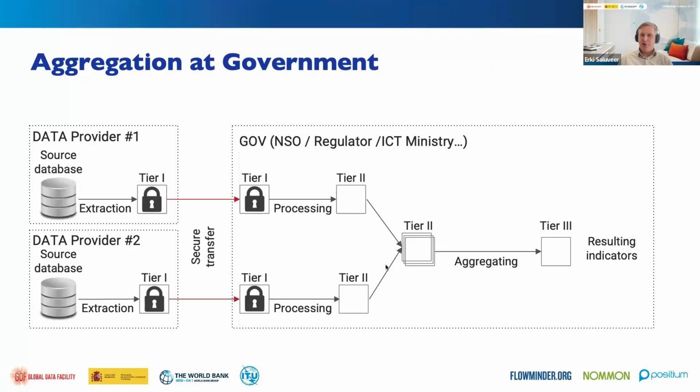Lastly, the aggregation happening at the government. This is where basically the tier 1 data or pseudonymized tier 1 data is transferred securely to the government, and all the data processing steps happen at the government side.